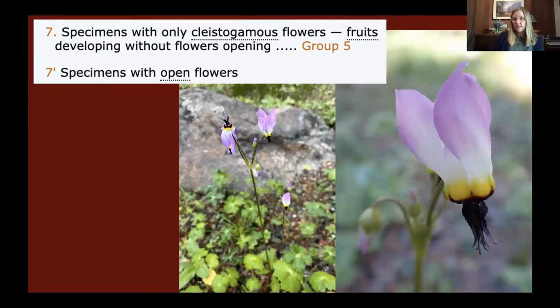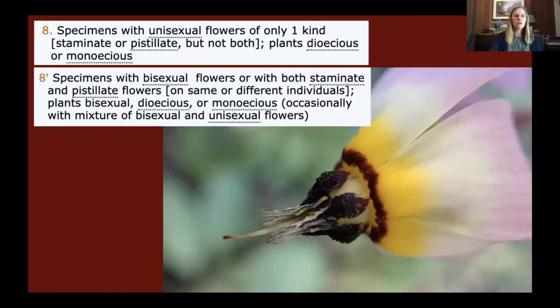Specimens with only cleistogamous flowers, fruits developing without flowers opening, or specimens with open flowers. So in this case, we have open flowers. Specimens with unisexual flowers of only one kind, staminate or pistillate, but not both.